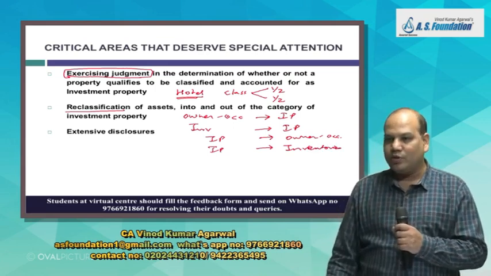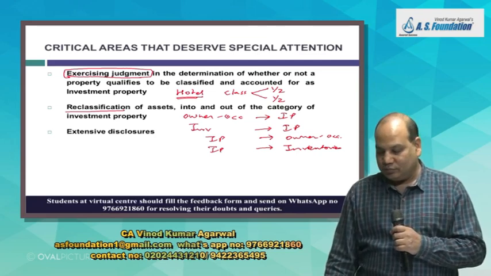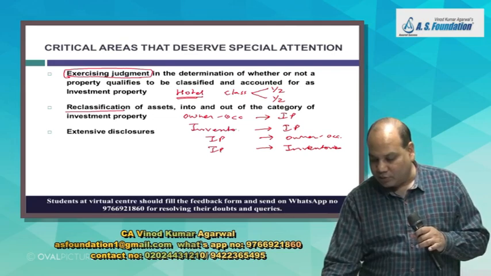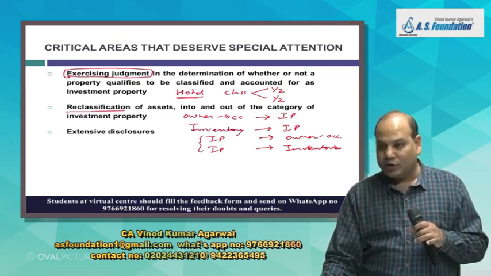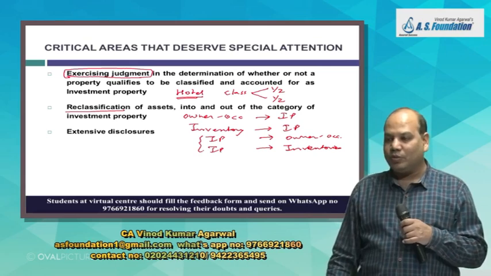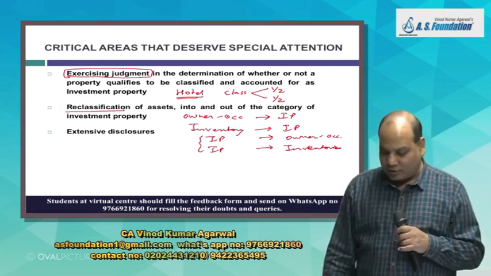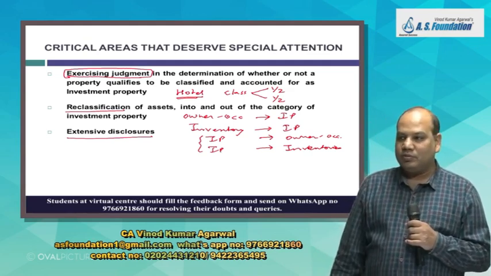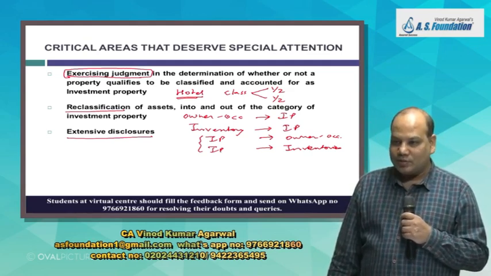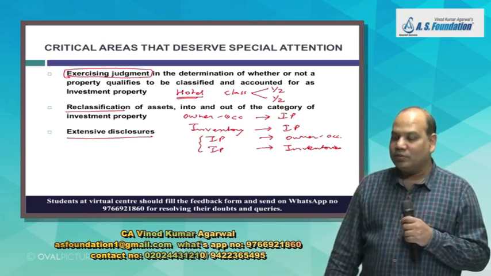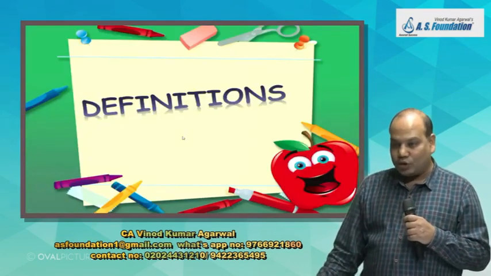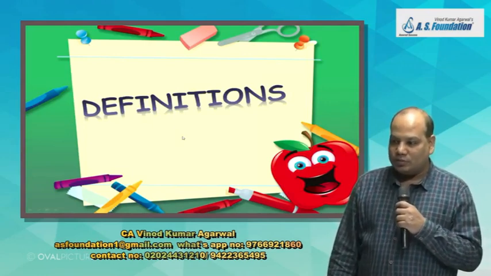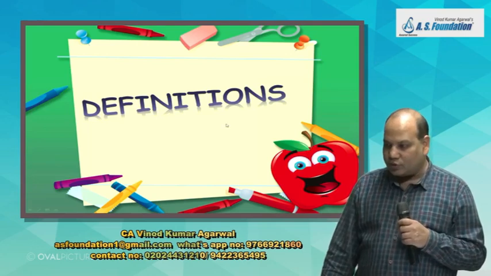These four movements we are going to discuss. Okay. Owner occupied property or inventory may become an investment property, or an investment property may become owner occupied property and inventory. And then if you see the last 2-3 pages of this chapter, they're all about disclosures. General disclosure, and then disclosure if you follow cost model, and disclosures if you follow fair value model. Okay. So long list of disclosures is there.